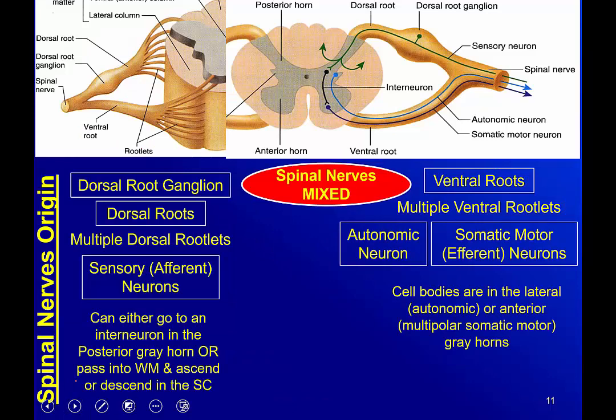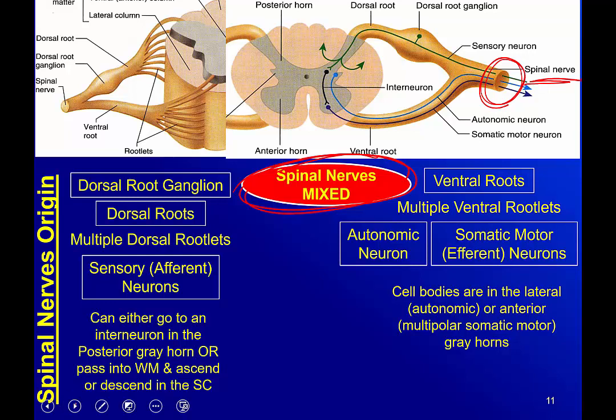When you look at the actual spinal cord itself and you look at information being carried, remember that spinal nerve that we just named right here? We actually call that a mixed nerve. And we call that a mixed nerve because it is carrying different types of information.